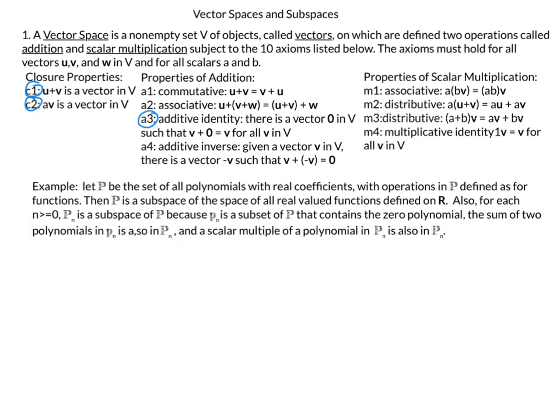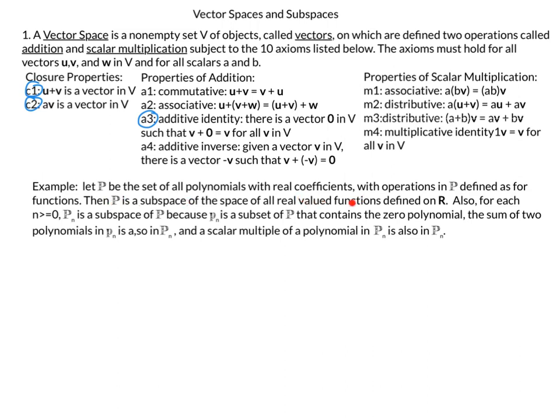Our next example is: let P be the set of all polynomials with real coefficients, with operations in P as defined for functions, because polynomials are definitely a type of function. Then P is a subspace of the space of all real valued functions defined on R. And actually, we've already discussed how P is a vector space. The set of polynomials, we said that was a vector space.